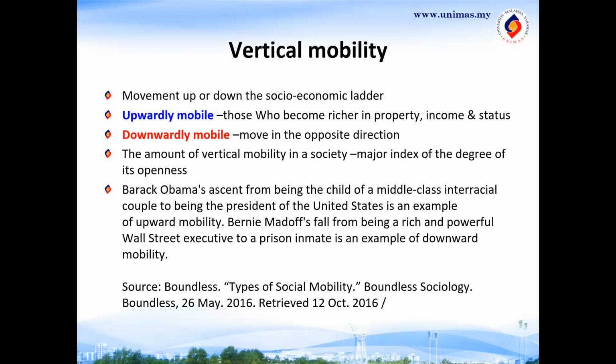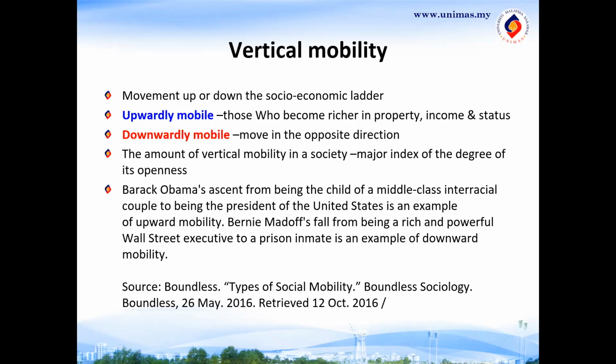But how did I do that? Well, one is because of education. That's number one. Number two, related to that, is income. So that's a kind of upward mobility.